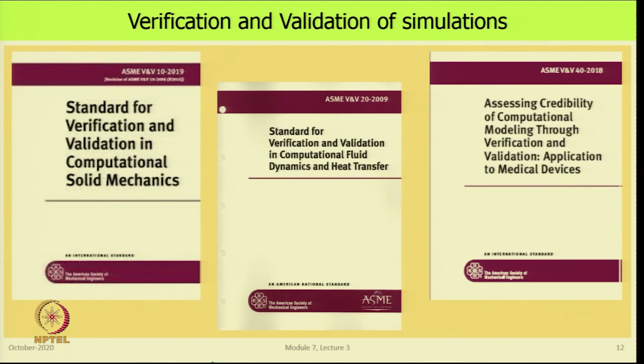I will now introduce something quite different, which is verification and validation of simulations. So, quite often it happens that when we do an experiment, we take the data and then we do a calculation, an analytical calculation of solving the governing equations, or we do a numerical calculation, and then we say that for the same conditions, for the same parameter, what is my experimentally measured value and what is my value from the computation.